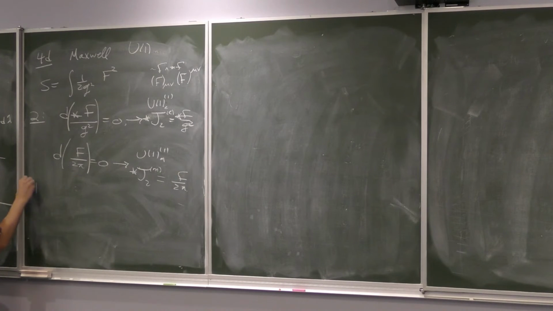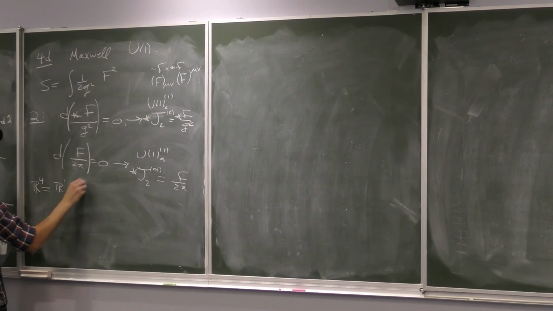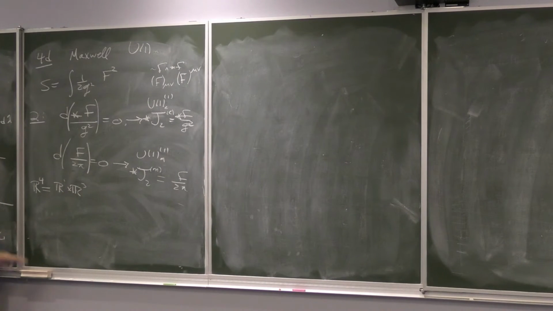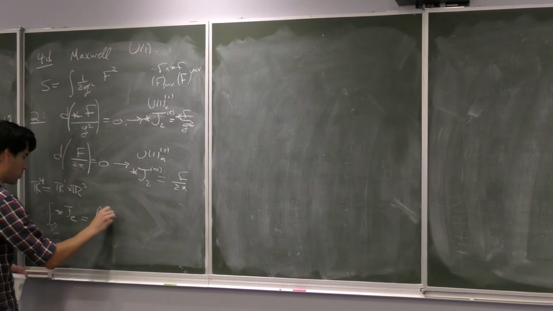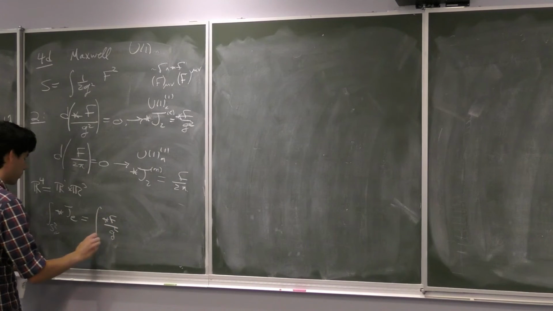Okay, so if we think about this in R4, which we want to sort of think about picking out a time direction artificially. And if we integrate star of J_E over some asymptotic 2-sphere at infinity, this is going to look like star F over g squared.